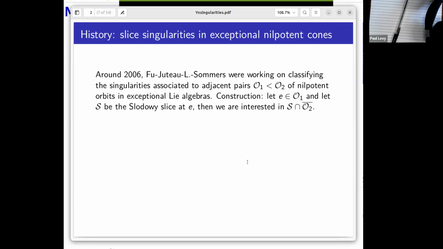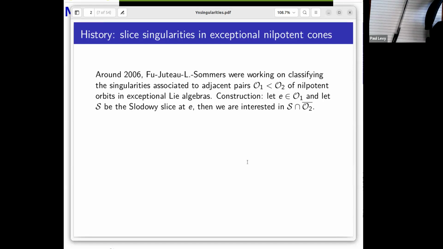You take a pair of nilpotent orbits. One is contained in the closure of the other, and there are no orbits in between in the partial order. And then you look at a Slodowy slice to an element of the lower orbit, and you intersect with the orbit above.